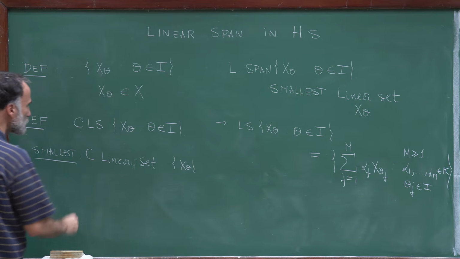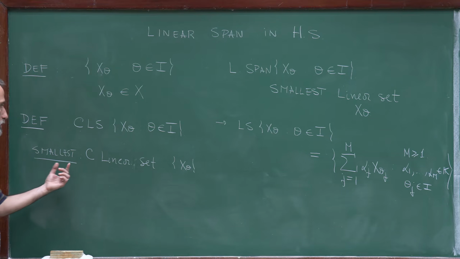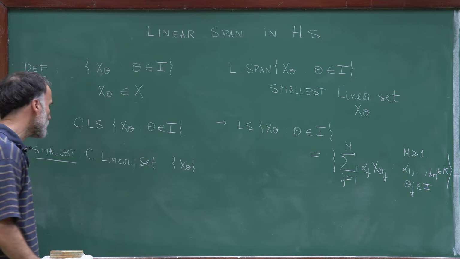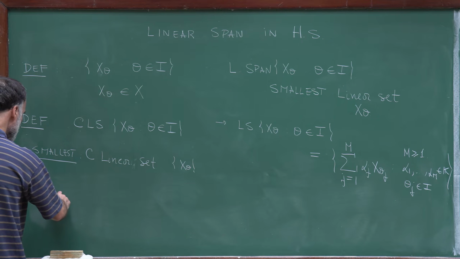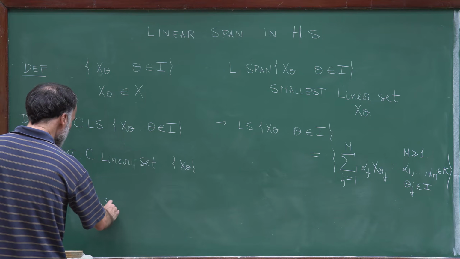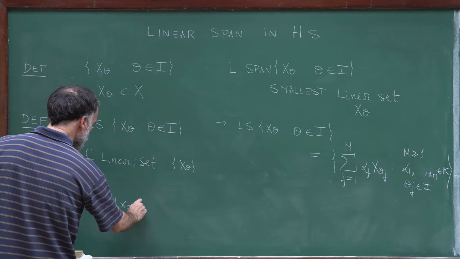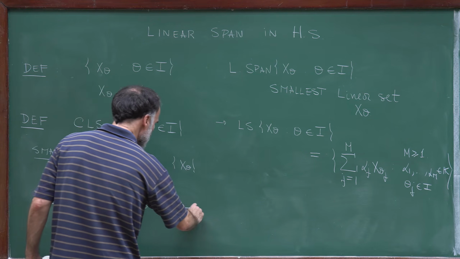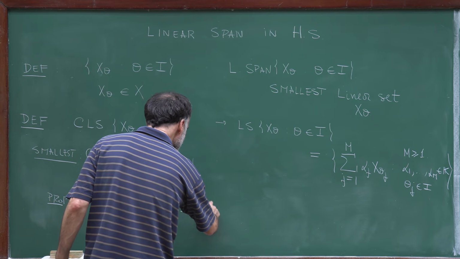So this is the definition of the closed linear span. It's the smallest closed linear set which contains all x_theta. And we proved in a proposition or in a lemma that the closed linear span of this x_theta is actually the closure of this set.